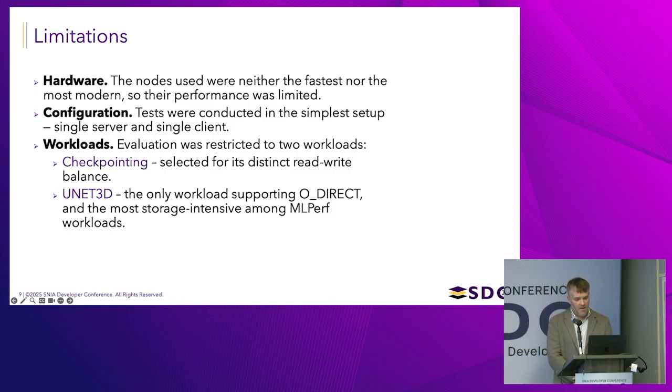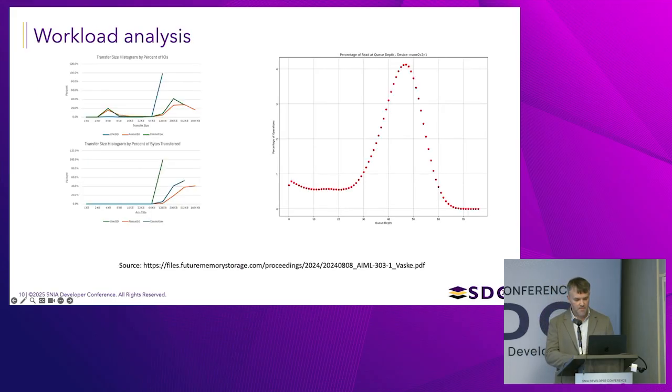So my evaluation was restricted to two workloads. First one is checkpointing, and the second one is UNet 3D training, which is the only workload supporting O_DIRECT semantics and the most storage-intensive among MLPerf Storage workloads. Last year at FMS, Micron provided information about MLPerf Storage workloads.